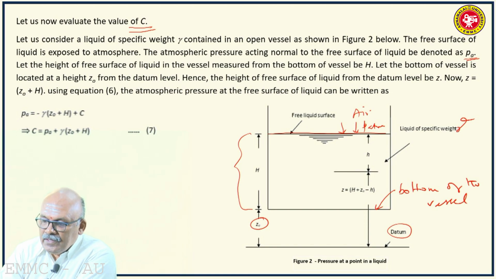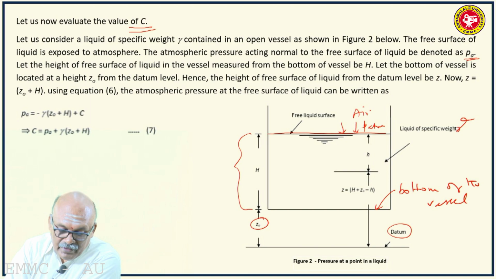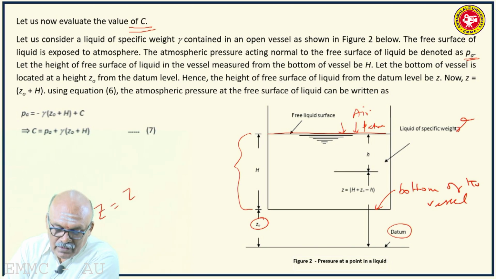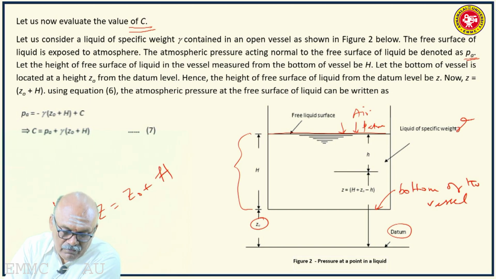Hence the height of the free surface of the liquid from the datum level be z. Now z is equal to z0 plus h. This is the height of the free surface.